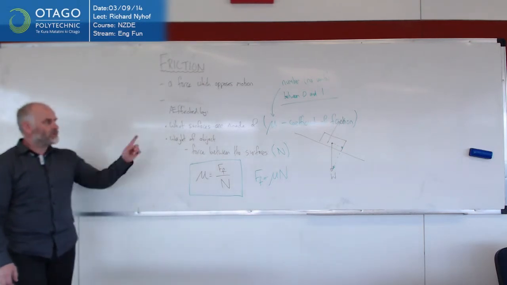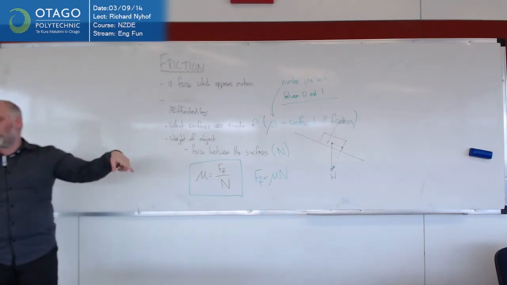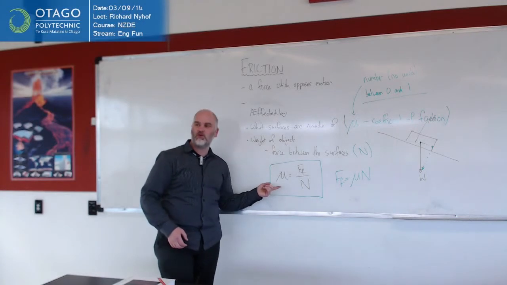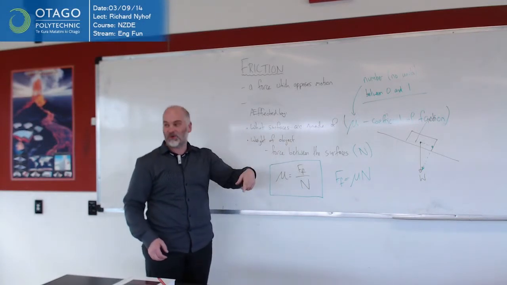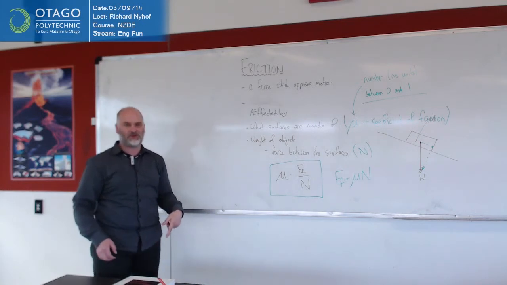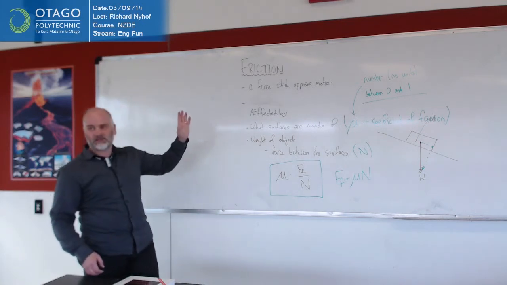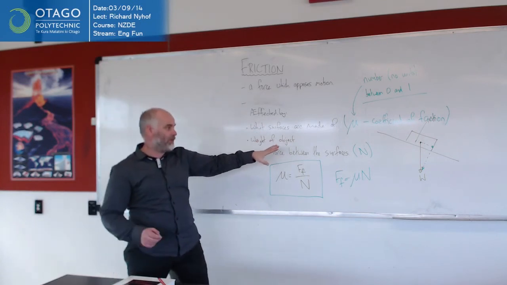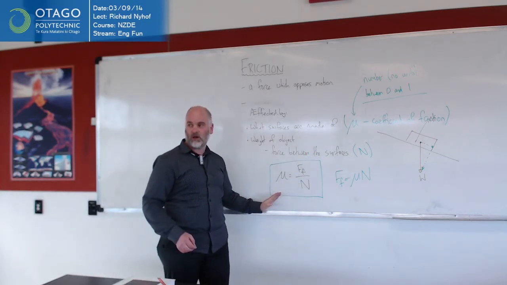So coefficient of friction is a number between 0 and 1. So if you do a calculation in an exam and your mu comes out to be something other than between 0 and 1, you've stuffed it up. And go and try and find something else to do it with. Okay? So that's the ideas behind friction, how we're going to measure it, and the equation that we're going to use.